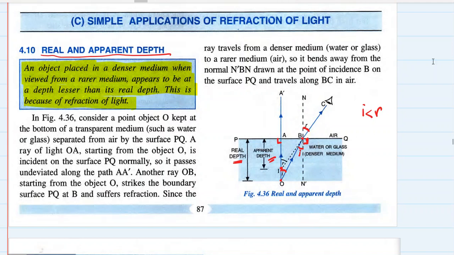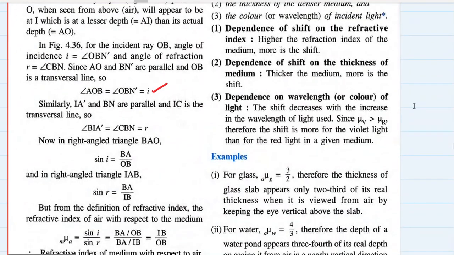Okay, so we have angle AIB equal to R because it is equal to angle NBC, corresponding angles, and we have angle AOB equal to angle I, which is equal to angle OBN dash, alternate interior angles. Okay, is that clear?